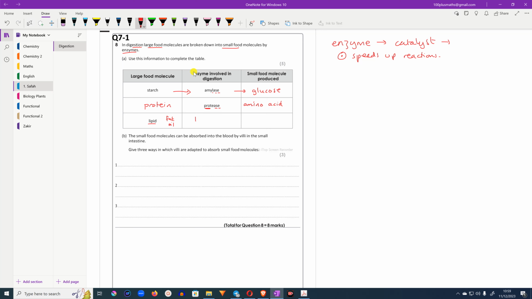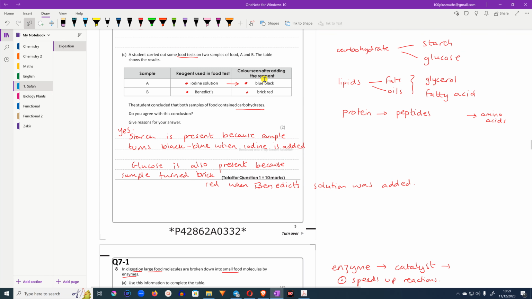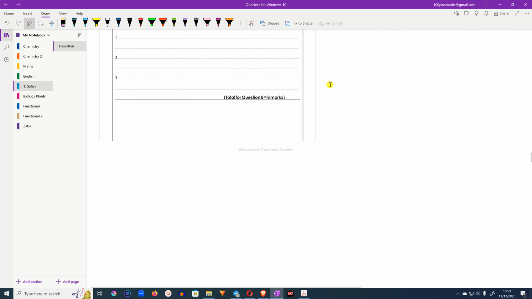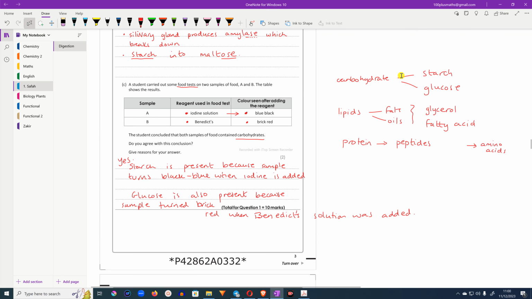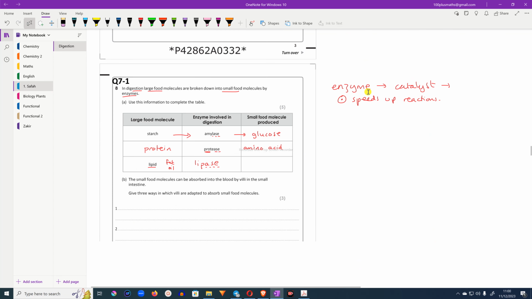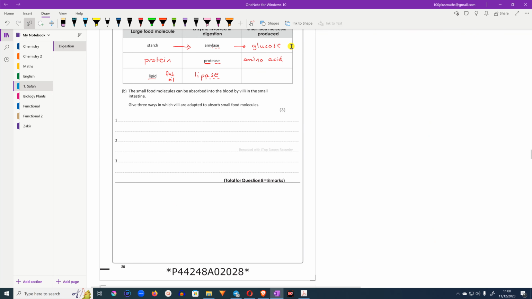Right, so you need lipase. Remember the ases? And it'll break that down into which two molecules? Did we do it up here? Yeah, can you see that? Glycerol and fatty acid. Let me just show you that again. Yeah, so that there. Glycerol and fatty acid. There you go.